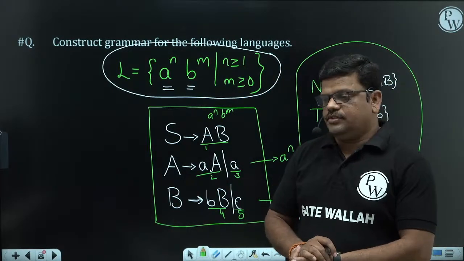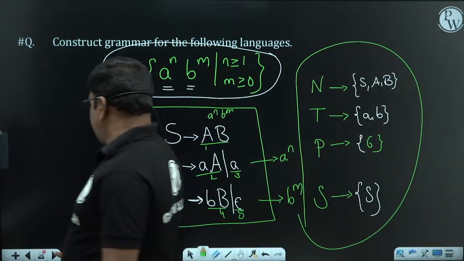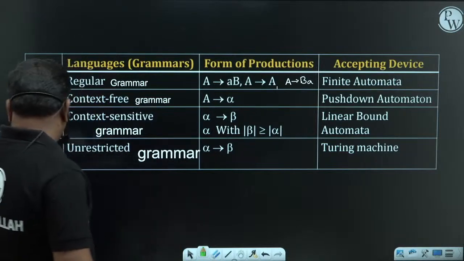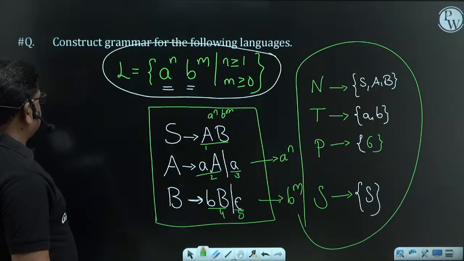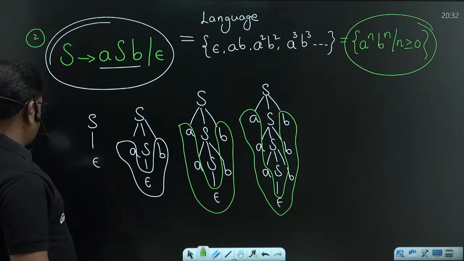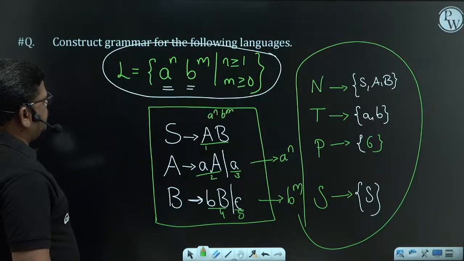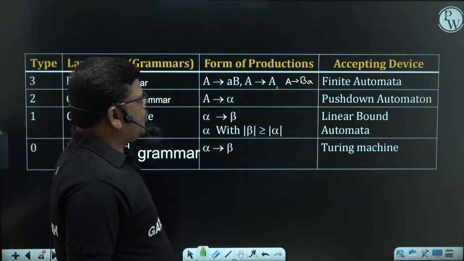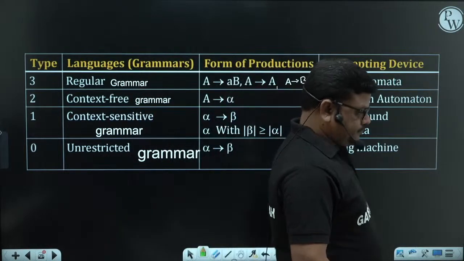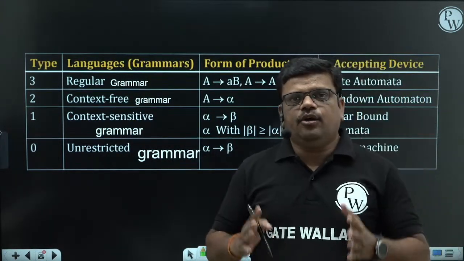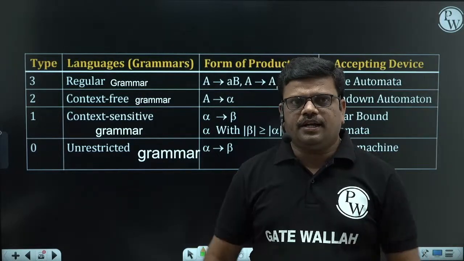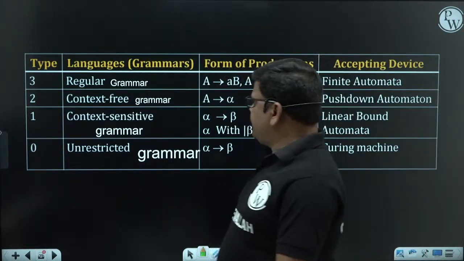Okay guys, this is the way of construction of grammars. So grammar construction, language to grammar, grammar to language generation. Then we see types of grammars. We are constructing grammar, but here we have 4 types of grammars in total in our computer science.